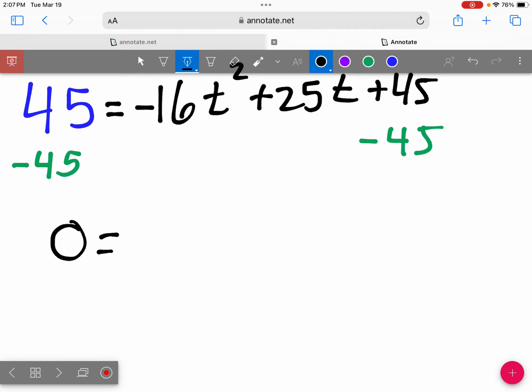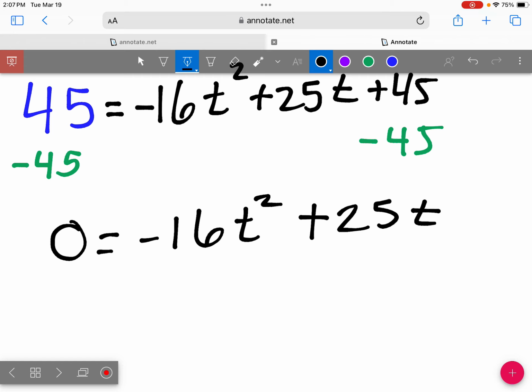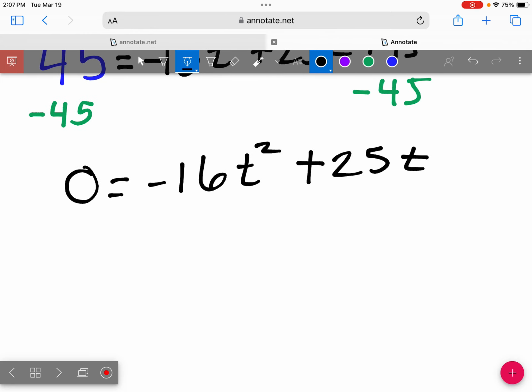So we have 0 equals minus 16t squared plus 25t. Remember, we're trying to solve to get to a t equals or an x equals. So what can we do here?